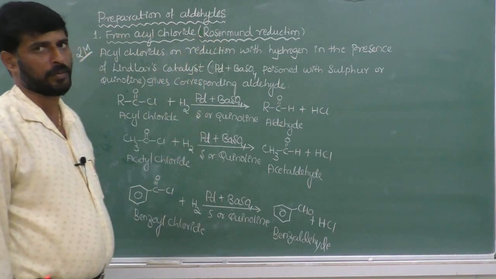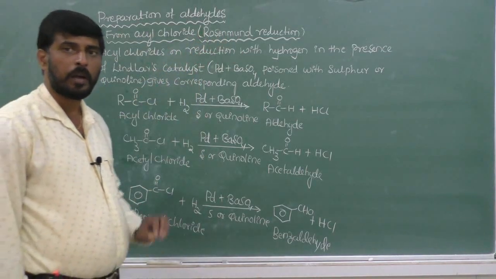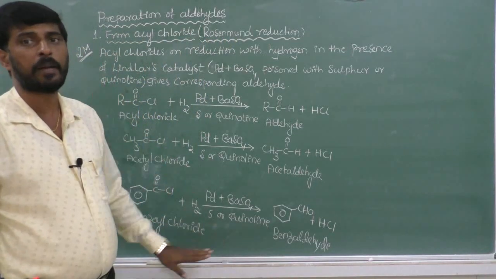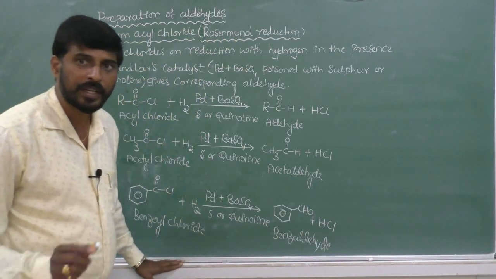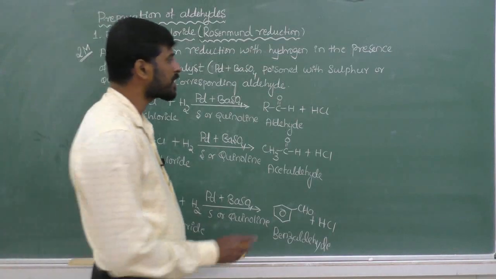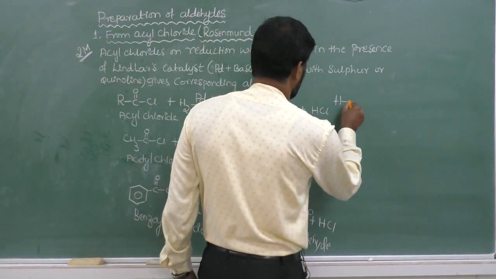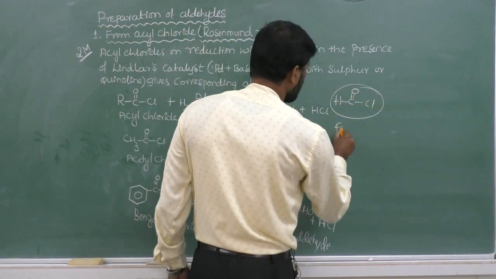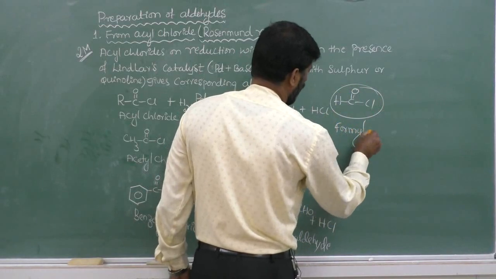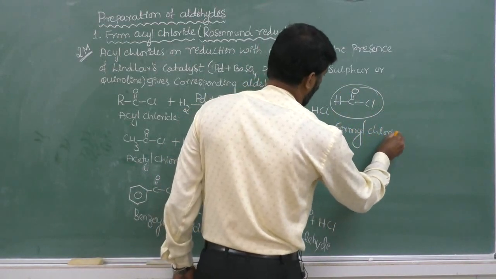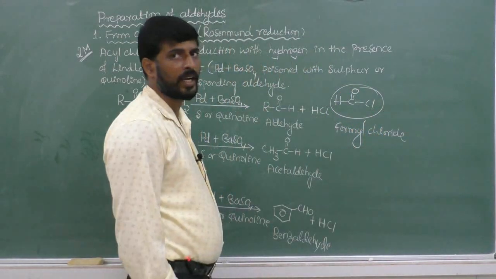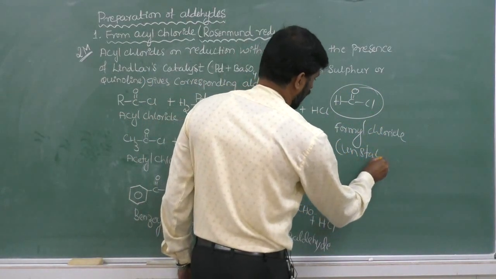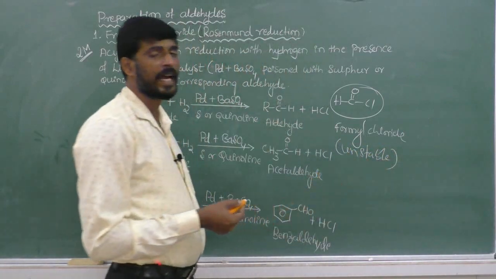Rosenmund reduction. But students, please remember, it is not possible to prepare formaldehyde by this method. What is the reason behind this? The reason is very simple: this is called formyl chloride, which is highly unstable.